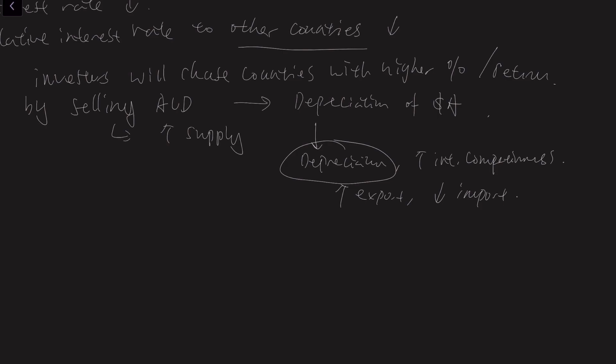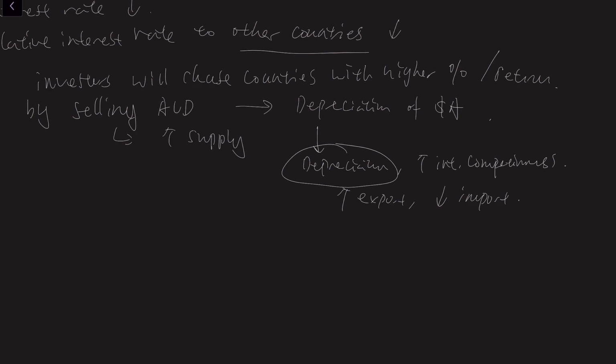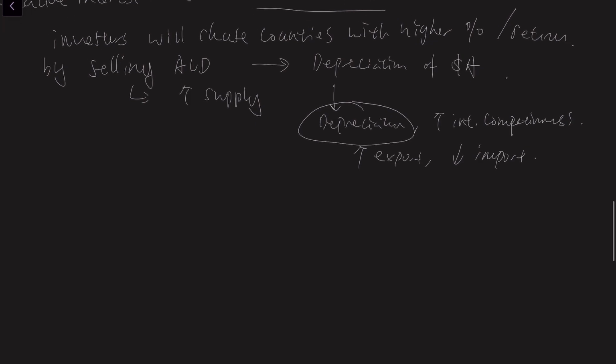So for any given amount of Australian dollar that Australian sellers want, overseas buyers actually need to pay less in their own currency. Similarly, because Australian dollar is worth less, imported goods and services become relatively more expensive. And because of this, people may prefer locally made goods and services, and thus it decreases import.